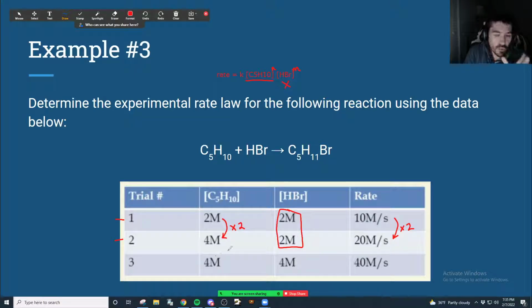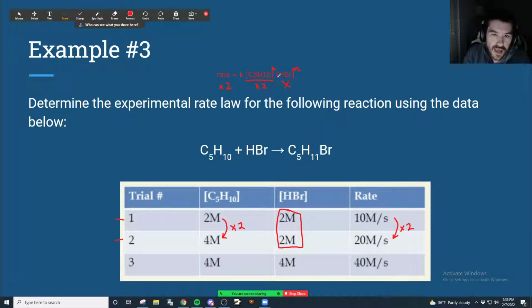So this is what a first order situation looks like. When you double the reactant and the rate doubles, that's first order. If you were to triple the reactant and see a tripling in the rate, that would be first order. Take a look at the rate law. What this is saying is that if I times 2 this, I times 2 this.